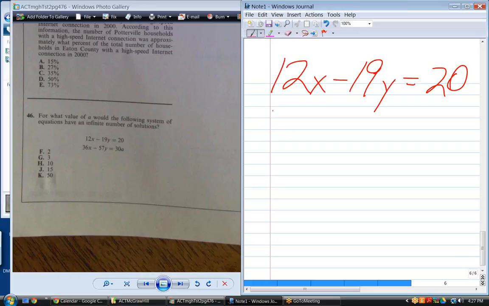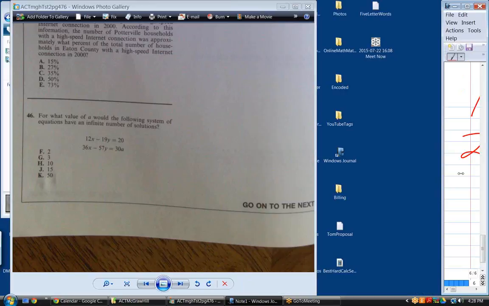Well, what if I gave you a second equation like this? Have I added any information? Have I given you any additional information? No, I have not. Because all I did was multiply the first equation by 2. So how many solutions are there to these two equations?